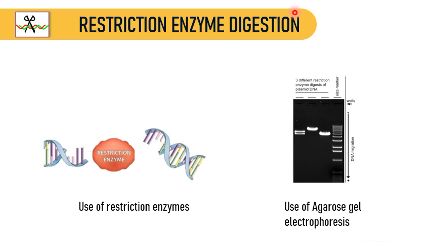As the DNA travels through agarose, the larger fragments get stuck in the gel pores more than the smaller DNA fragments. So this is how we can separate different lengths of the DNAs which are cut by the use of the restriction enzymes. Both vector DNA as well as the sample DNA can be processed in the same way.